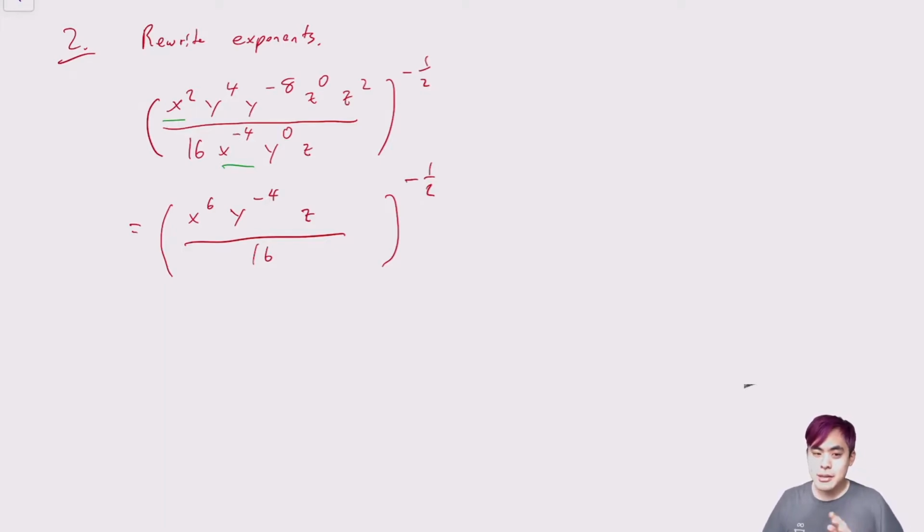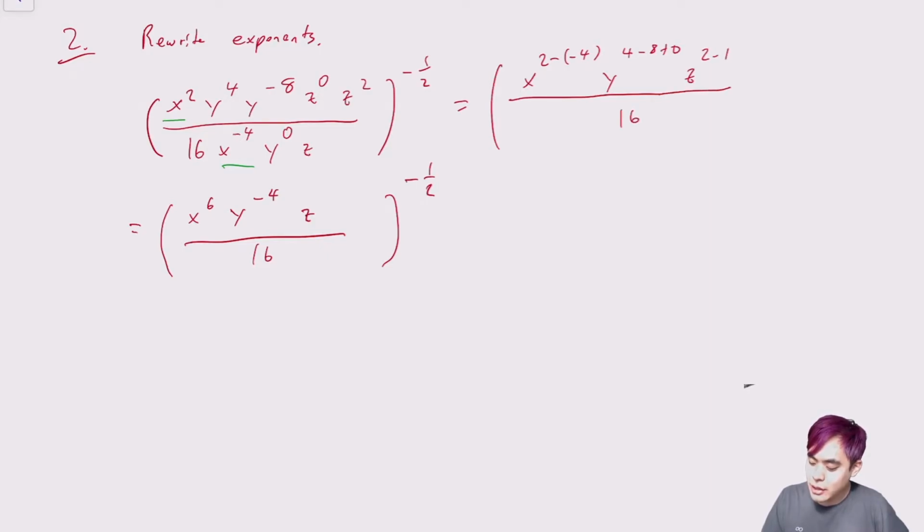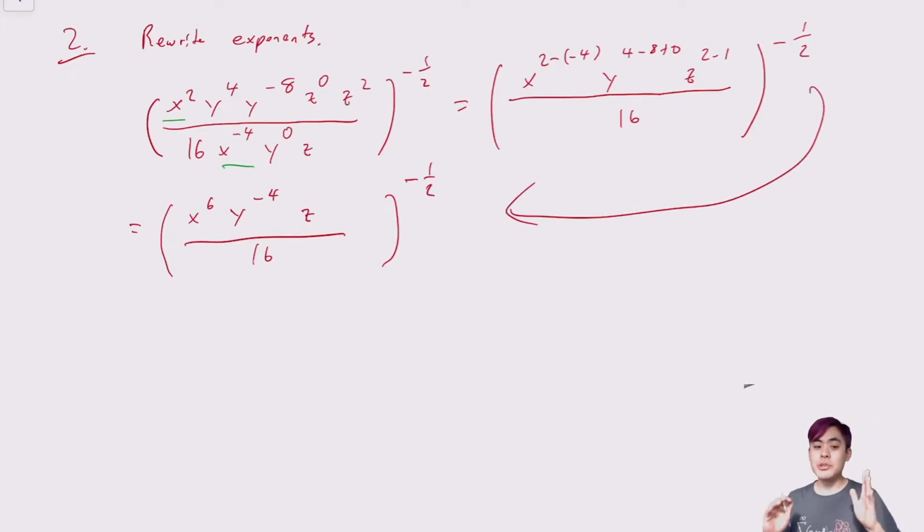But if you're not entirely sure, one thing you can do is rewrite this as x to the 2 minus minus 4, y to the 4 minus 8 plus 0, z to the 2 minus 1. If you wrote that out and then somehow did the wrong thing going from this step to that step, you would get almost all of the credit. You get the majority of the marks because you clearly knew what you were doing, you just made a mistake. But if you just wrote this immediately, you might get fewer marks because I wouldn't be able to see the process.